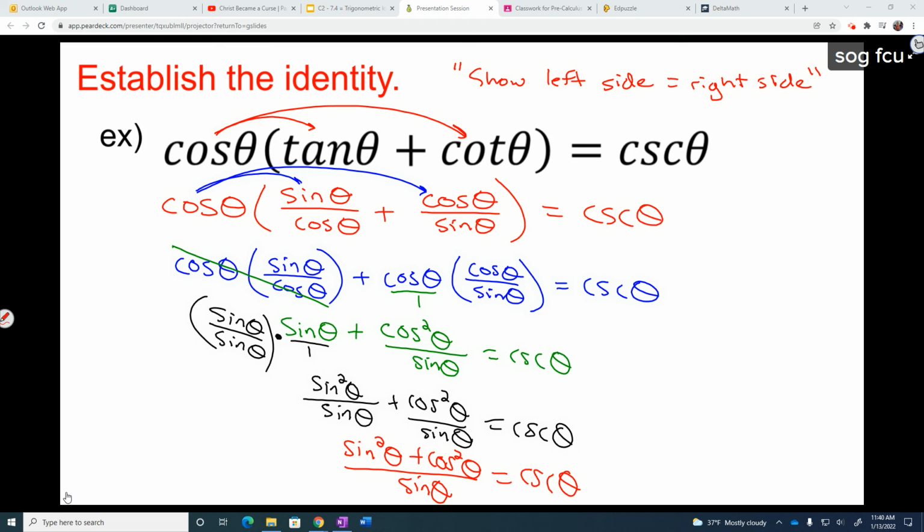All right, now what are we going to do? Yeah, the Pythagorean identity says that sine squared plus cosine squared is 1, right? So we can write this as 1 over sine theta equals cosecant theta.